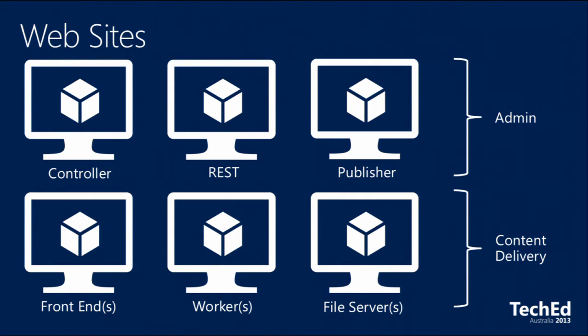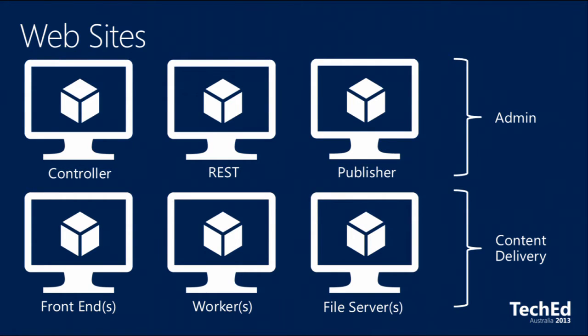For the website stuff, there's basically two bits of that. There's kind of the admin side of stuff and the content delivery side of stuff. The content delivery side stuff's really easy. There's front ends, and the front ends are basically running application request routing, and they run caching, and they're basically stateless caches. And you would network load balance those somehow.